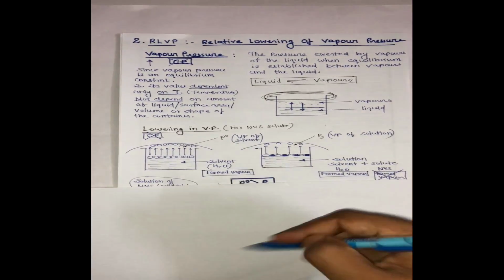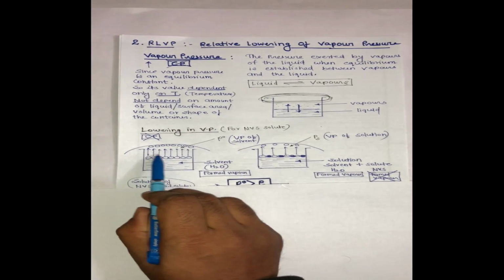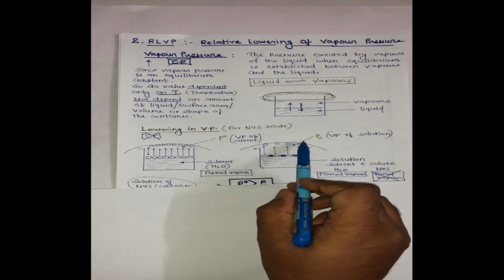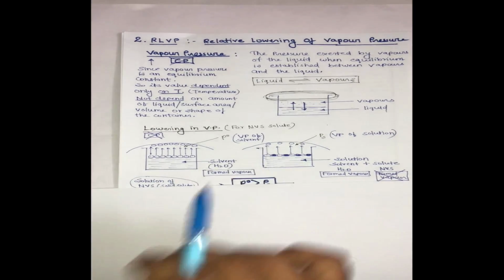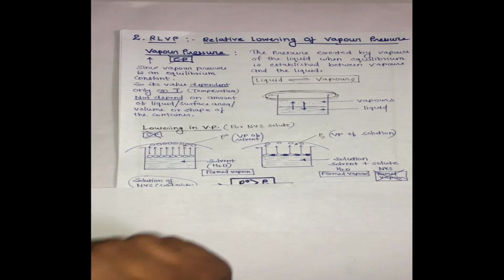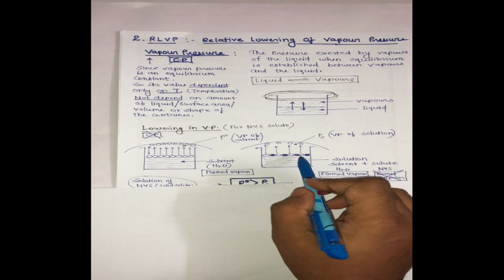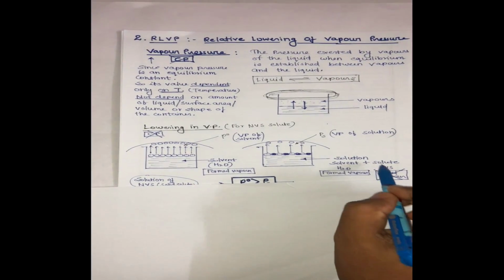That means we can easily think that here vapor forming tendency is maximum, and here vapor forming tendency is minimum. Why? Because here all solvent molecules are forming vapor, but here only solvent molecules, not solute molecules, form vapor, since solute is NVS.